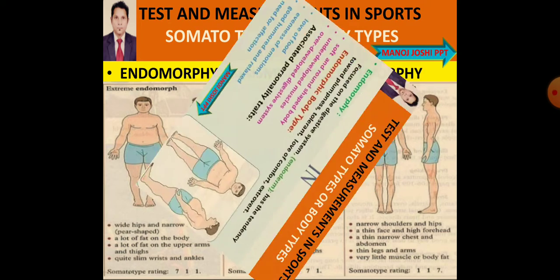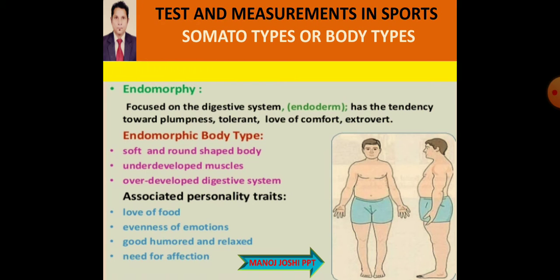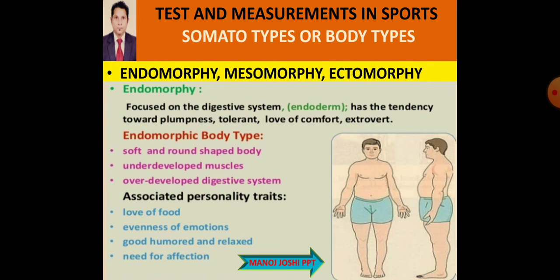Endomorphy, mesomorphy and ectomorphy. We will discuss endomorphy in detail. Focused on the digestive system, endomorphs have a tendency towards plumpness, tolerance, love of comfort, and they are extrovert, because we discussed in the previous slide that this also represents the personality and temperament of the individual.